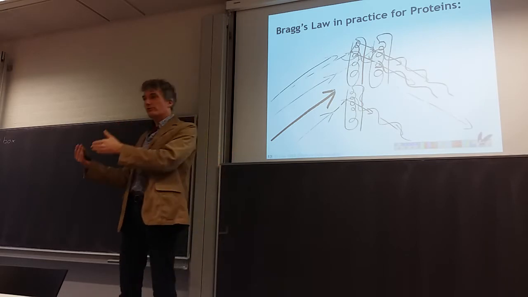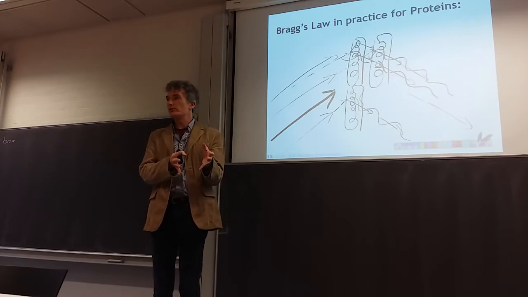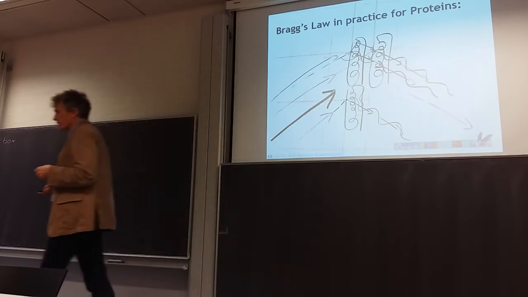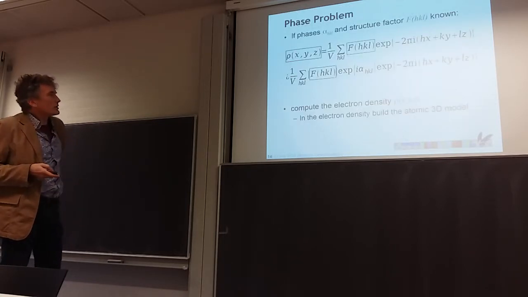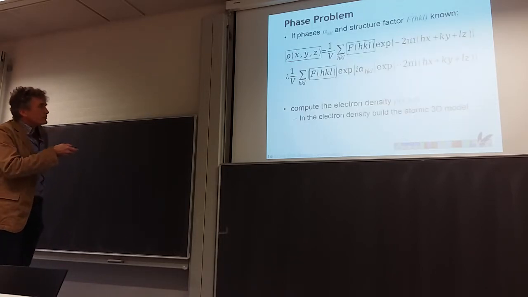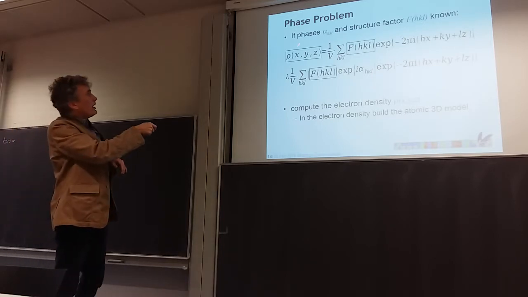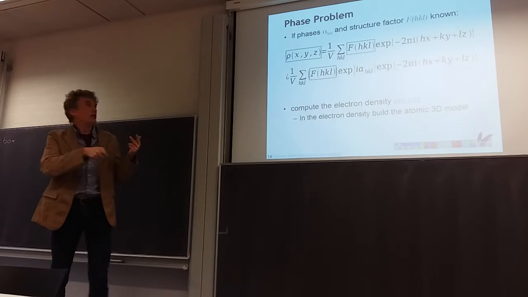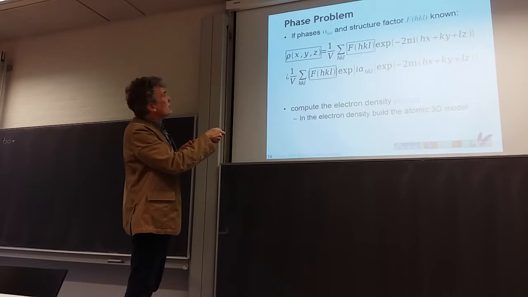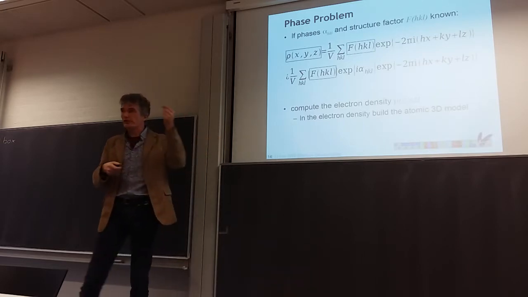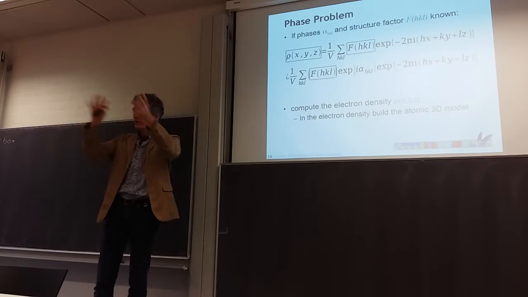So if we just reverse transform the diffraction pattern, we should get the electron density. Right? So mathematically this looks like this. This is the density, rho, at x, y, and z coordinates. And this is the structure factor F, which is the intensity of a spot at this position, HKL, in the three-dimensional lattice that I've explained.